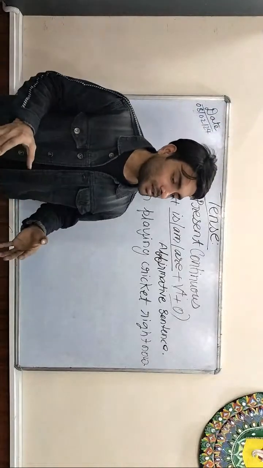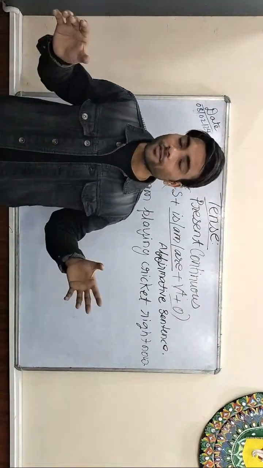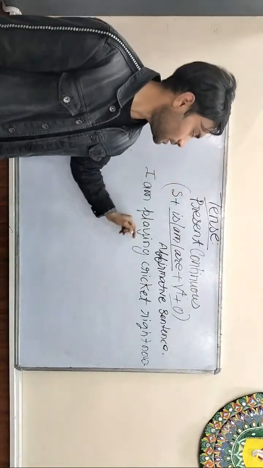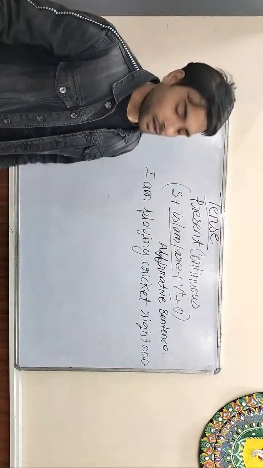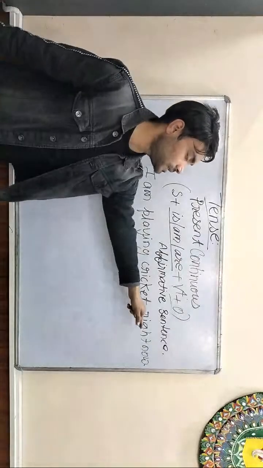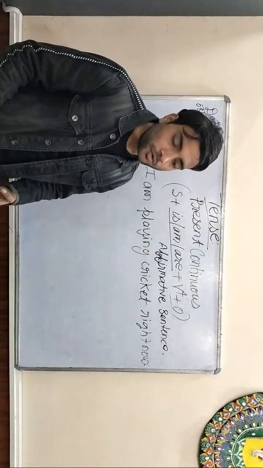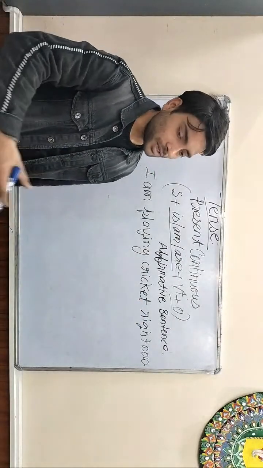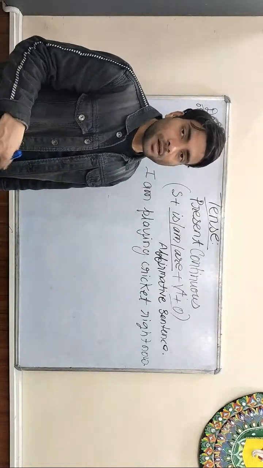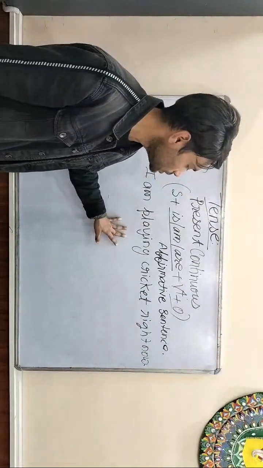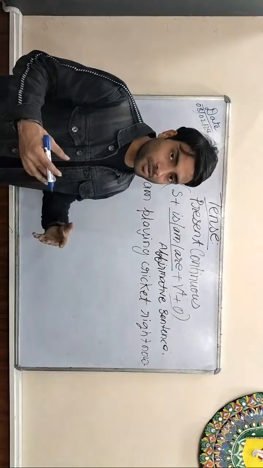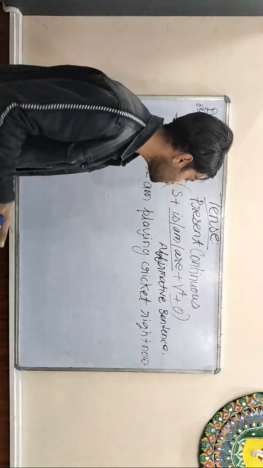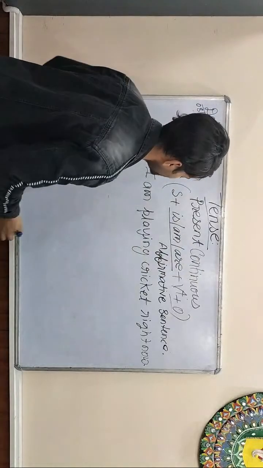An action that is going on is considered in present continuous tense. I am playing cricket right now. This is something I am doing right away, something being done by me right now, so it is included in the present time.